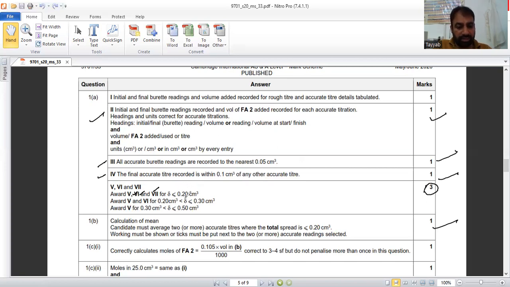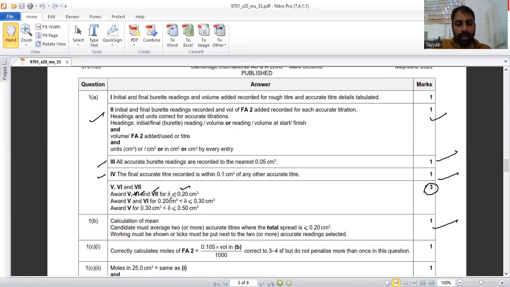If your readings are within the range of less than 0.20 cm³ of the examiner's results, then you will get all 3 marks, which is because of the supervisor.